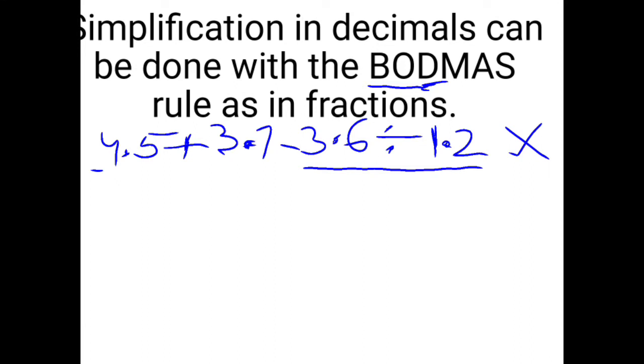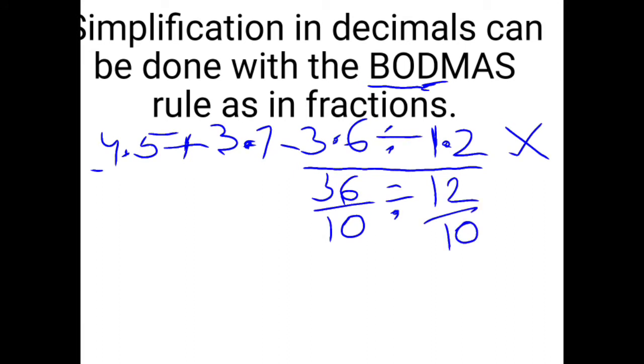How we solve this portion, I already told you in the previous videos; you can go through them. Again I am solving here. We remove the decimal, that becomes 36 upon 10, and the divide symbol with 12 upon 10. Now write the other terms as they are, 4.5 plus 3.7 minus, and take the reciprocal of the last term.